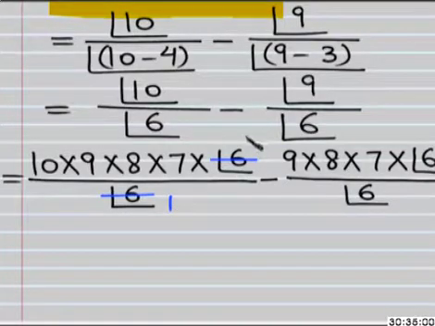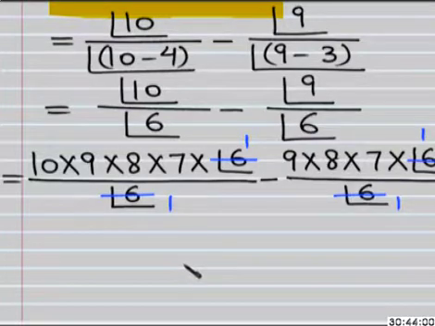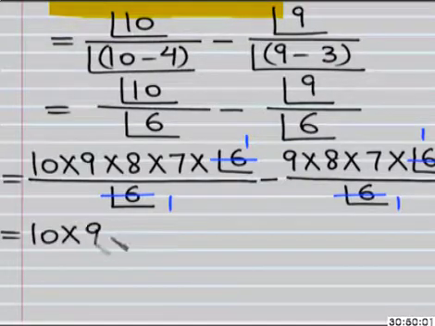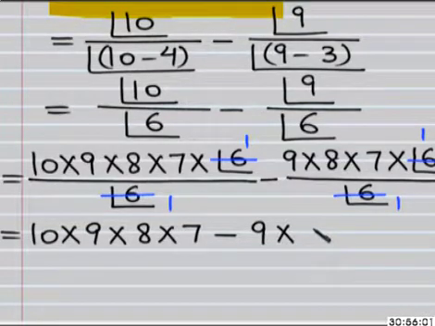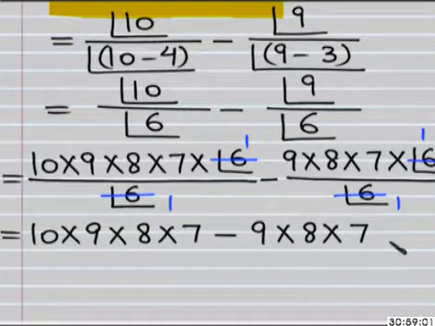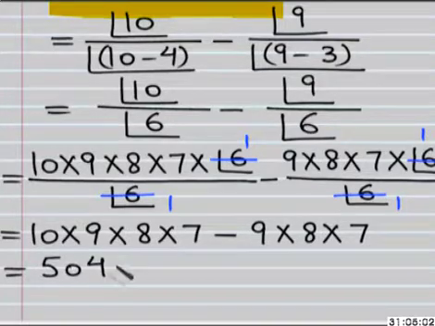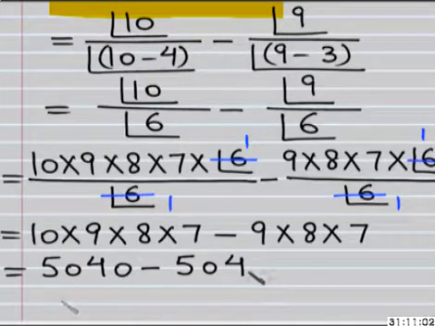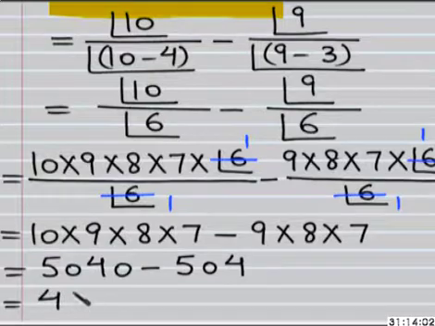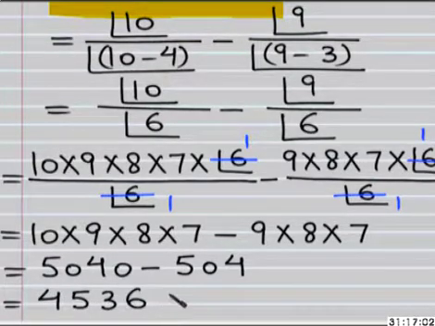On solving it, we get required number of 4-digit numbers with distinct digits is equal to 10 into 9 into 8 into 7 minus 9 into 8 into 7, which is equal to 5040 minus 504, which on solving is equal to 4536.